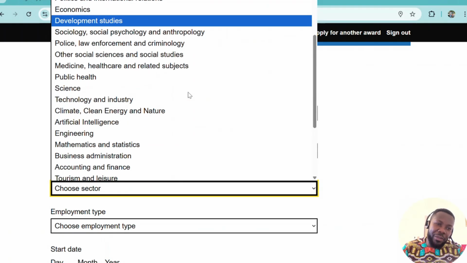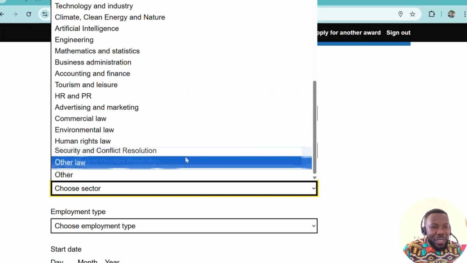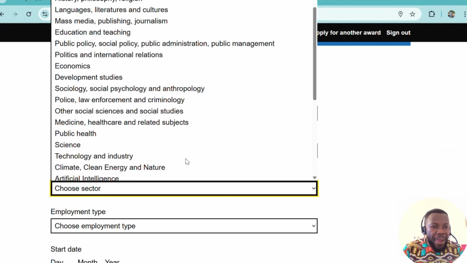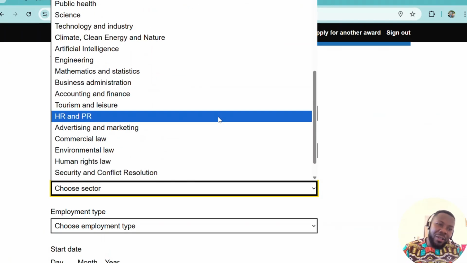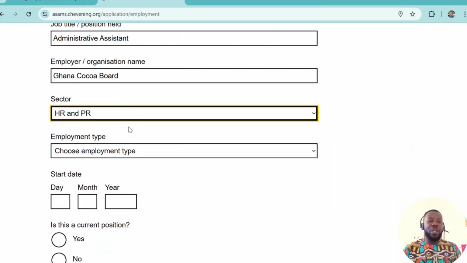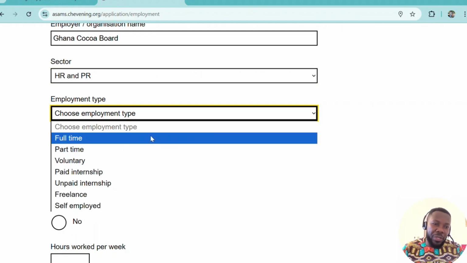Okay, let me see which sector this could be. Okay, I will select HR or PR, and then employment type. It was full time.